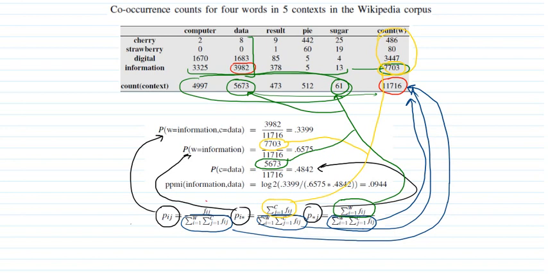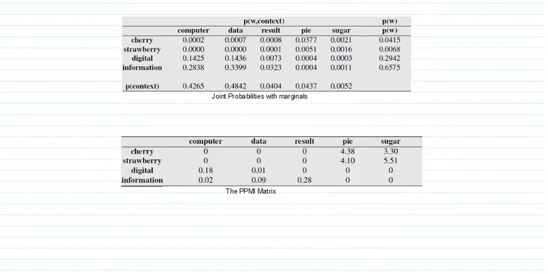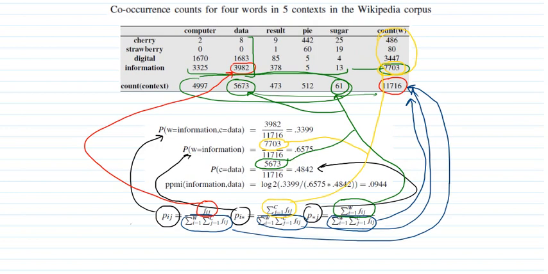So I hope now this is clear. How do we calculate the pointwise mutual information matrix with the help of the co-occurrence matrix?